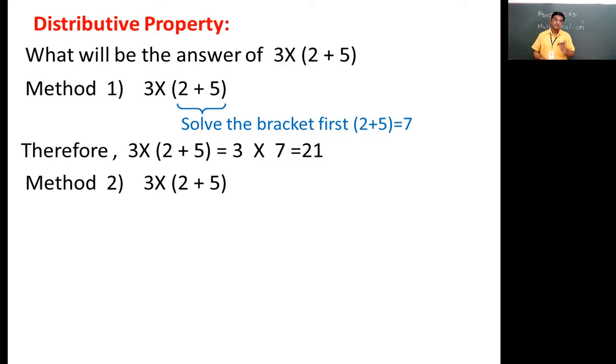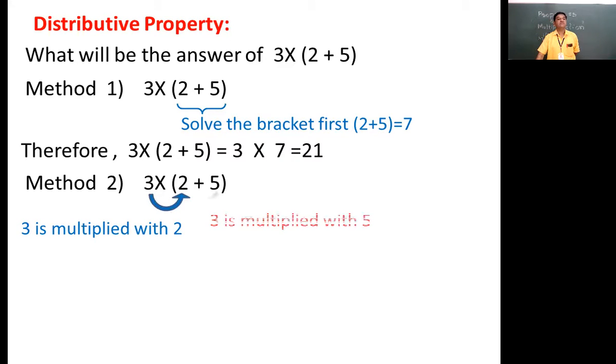If there is a sign of multiplication or division, the distributive property will not hold good. That means the distributive property is only applied over addition and subtraction of numbers in the bracket. So in this property, we multiply 3 with 2, and we get the product as 6, and 3 with 5, we get the product as 15.